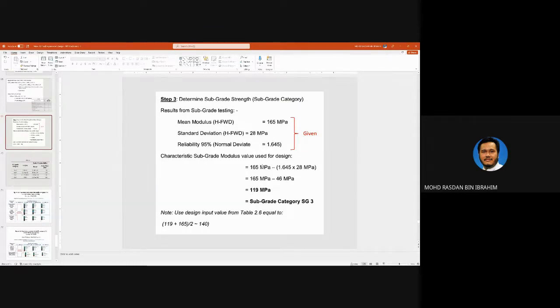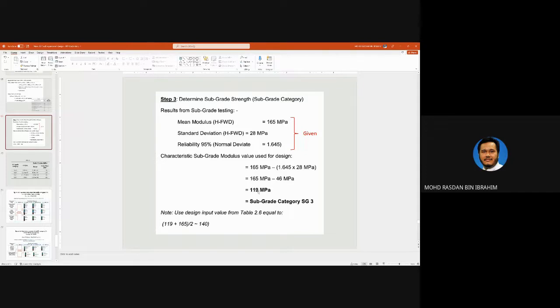So you use this formula, again, this one has brackets. 165 minus 1.645 multiplied with the standard deviation. So you get the characteristic subgrade modulus, which is 119 MPa.